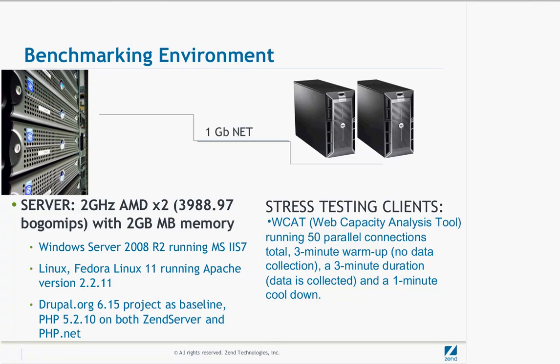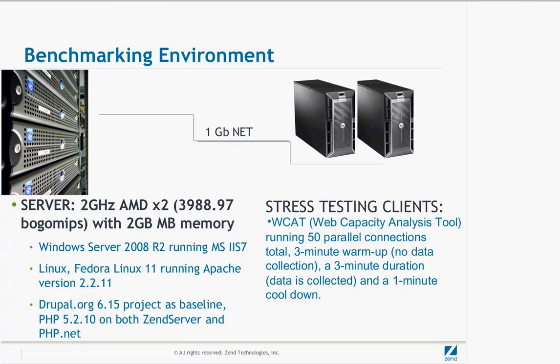So we used open source PHP 5.2 and then the Zend Server version of PHP 5.2, compared back to back, and we used open source optimizers such as APC, version 3.1.3p1, and WinCache on the Windows environment. We ran both Linux and Windows benchmarks, and we used open source caching for comparison against Zend Server's built-in caching.